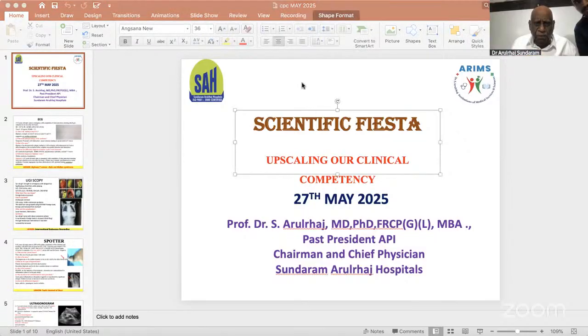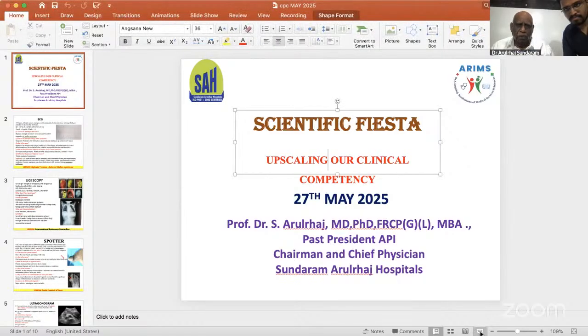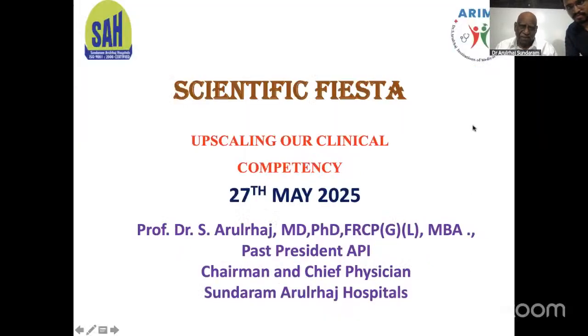I must thank both the youngsters who have extensively covered the topics. Highly academic, more than a super specialist presentation. That is why probably people don't have any questions, because first it needs full understanding.